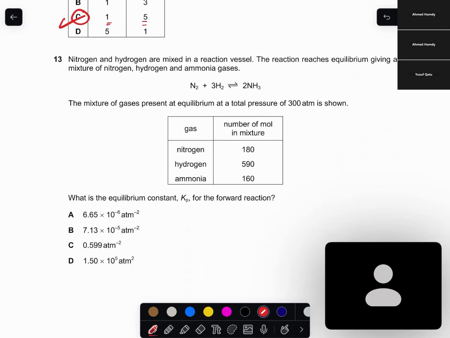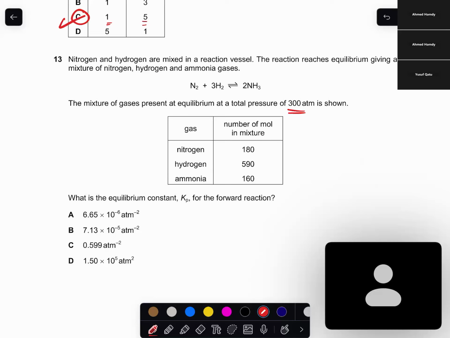Nitrogen and hydrogen are mixed in the reaction vessel. The reaction reaches equilibrium, giving a mixture of nitrogen, hydrogen, and ammonia. In the mixture of gases present at equilibrium, the total pressure, P total, is 300. The number of moles in the mixture is 180. In this question, what is the Kp?